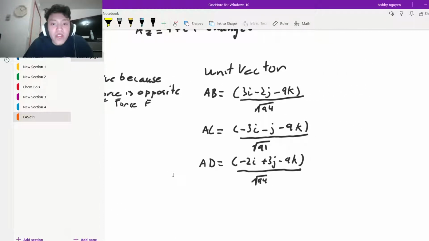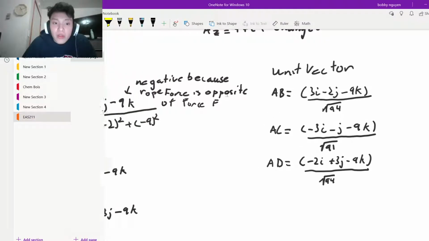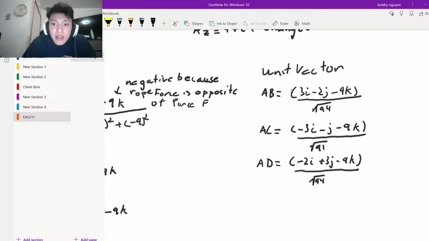Now, once we find that, we find the unit vector, and the unit vector is really easy because it's what we've done before. We just need to set the vector equation over our magnitude.